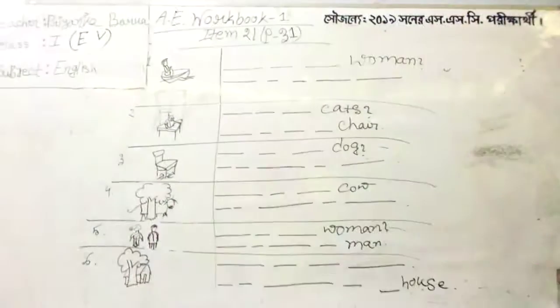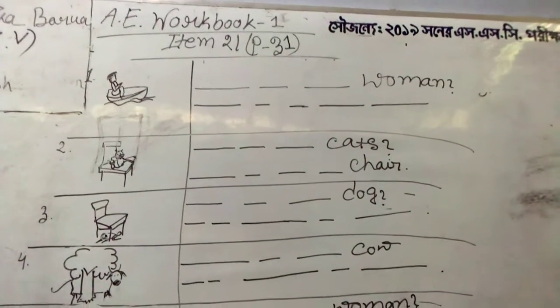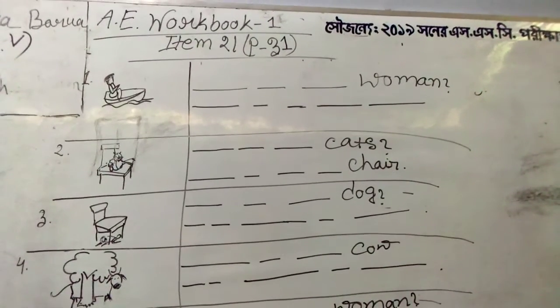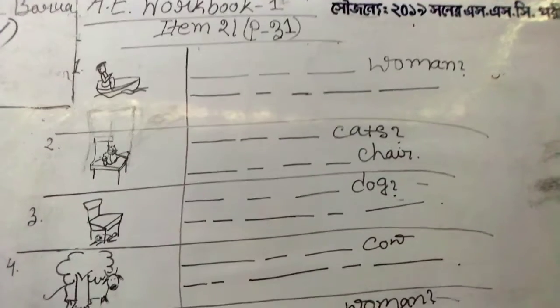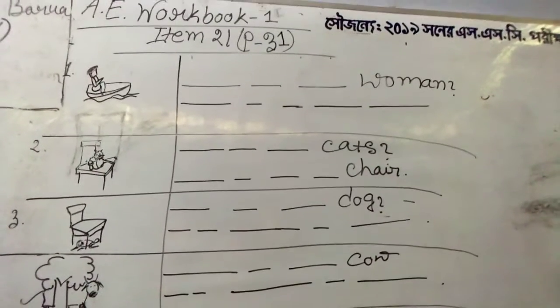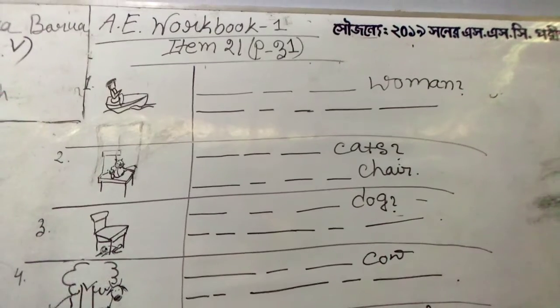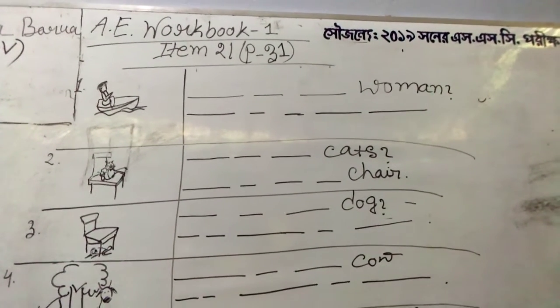So see here, it is item number 21, and not the Active English book, it is the Active English workbook part 1. Actually we have two Active English books. One is Active English book in general and another one is the Active English workbook, where we have to do the exercises.